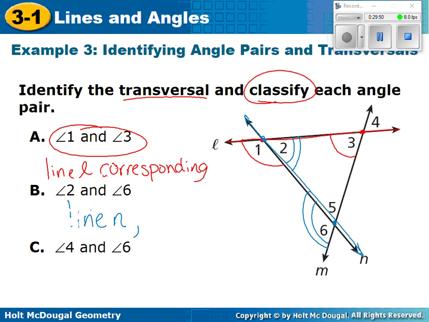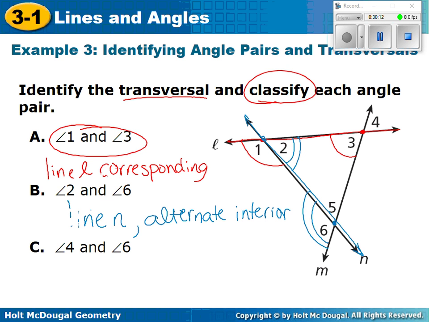Alternate interior. Again, look at just these lines and angles, ignore 3 and 4. Notice that they are in between these two lines, so they're interior, and they're on opposite sides of the transversal. Do not abbreviate, even if the book does. Alternate interior.